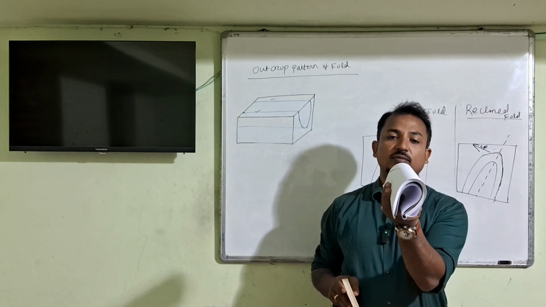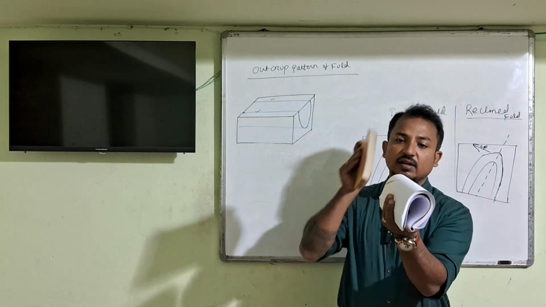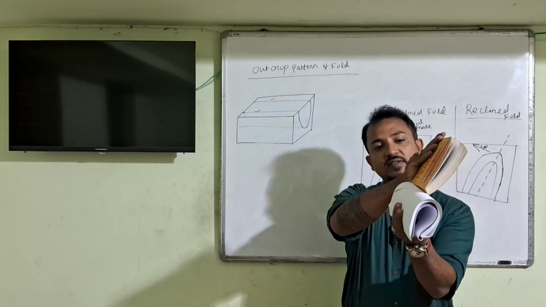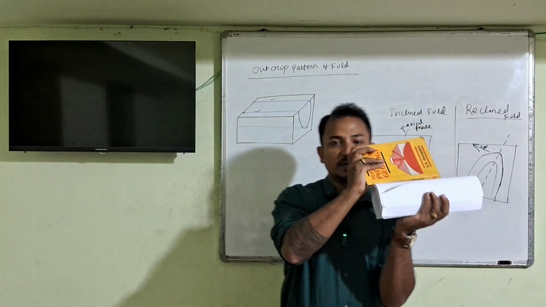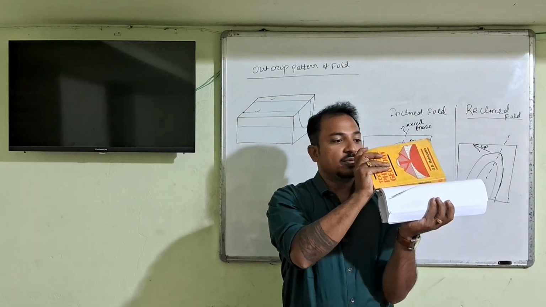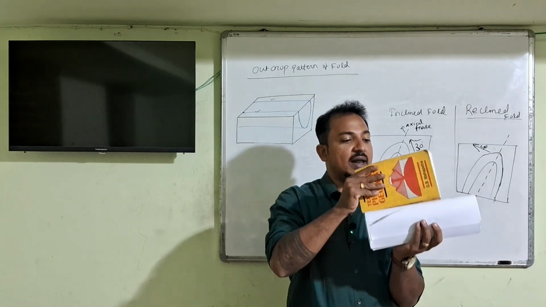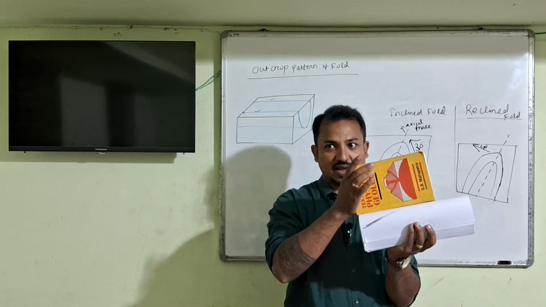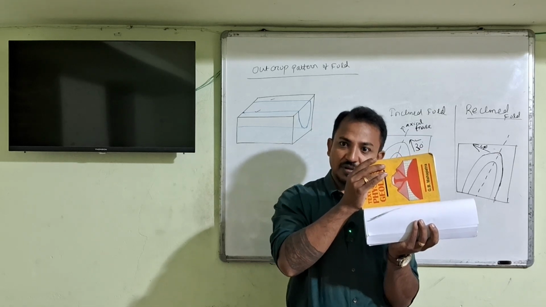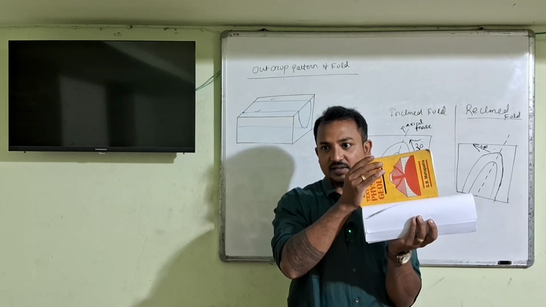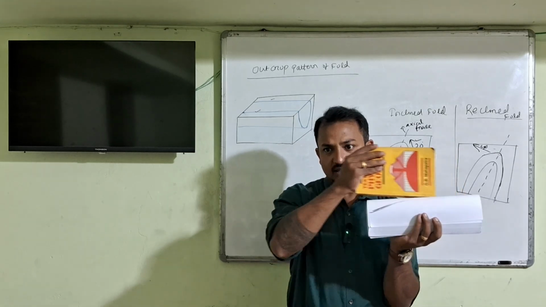So see, this is a fold where the axial plane is inclined. This is our axial plane, an inclined fold. If you draw any line, imagine, parallel to the strike line of this axial plane, that will be the trend of the fold axis, because the fold axis trend is in this direction.